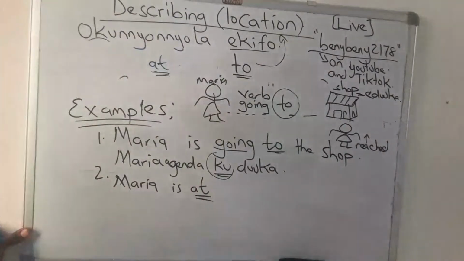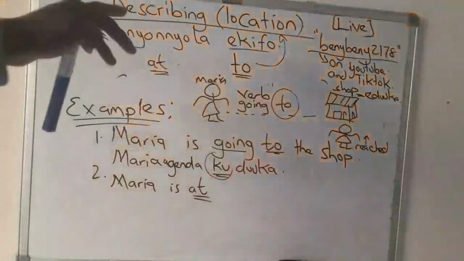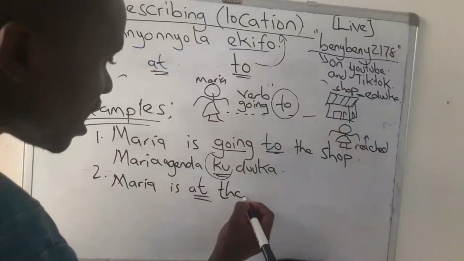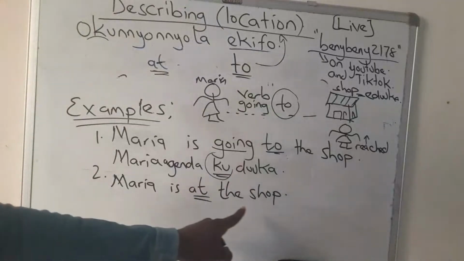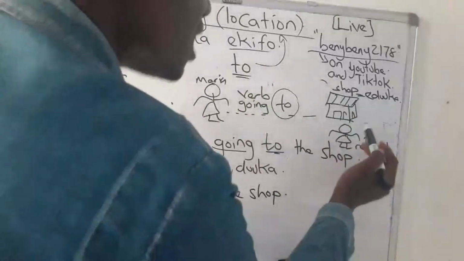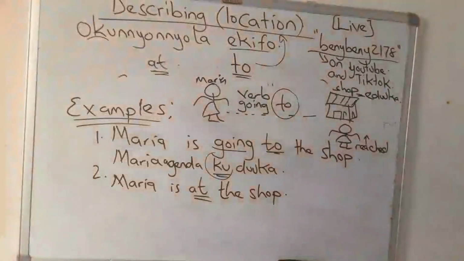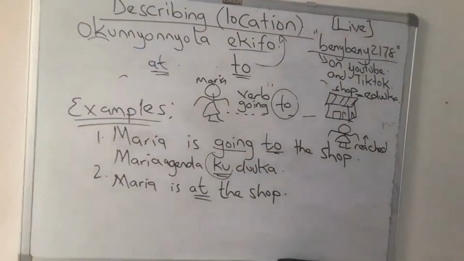Because she has arrived. We said we use at at a station. When someone is stationed at that position, you're using at. So here you're going to say Maria is at the what? The shop. Okay? Maria is at the shop. Now she has arrived. Maria has reached the shop. So you're going to say Maria is at the shop. Are we together? Beautiful. Maria is at the shop.